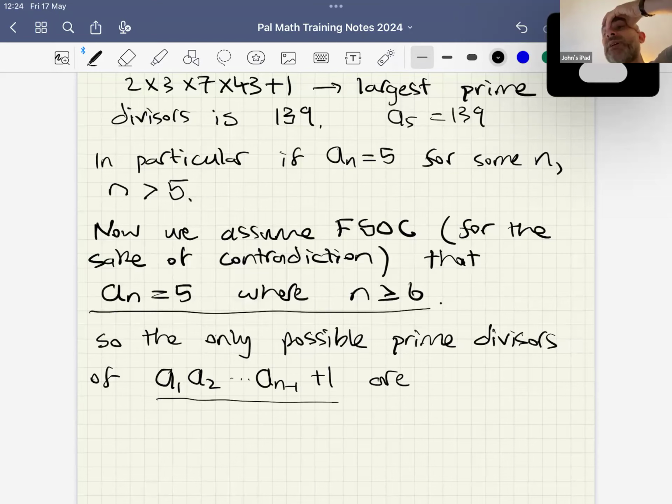So what are the possible prime divisors? There's 2, 3, or 5.